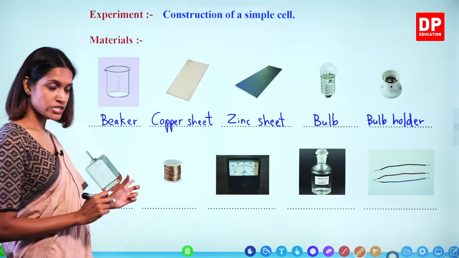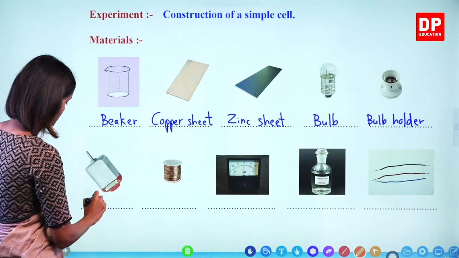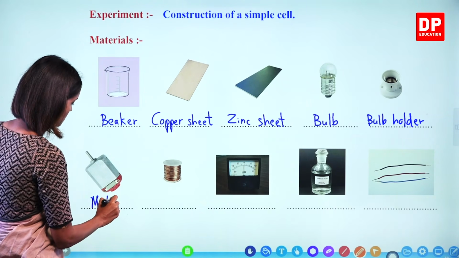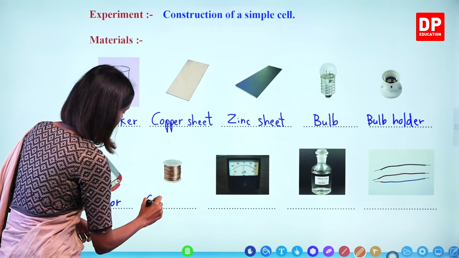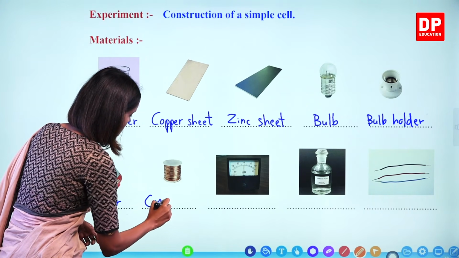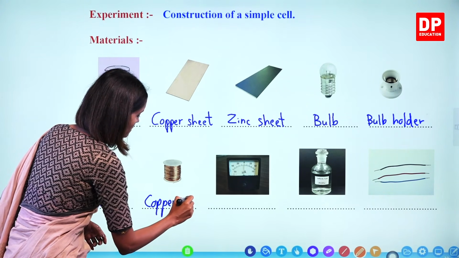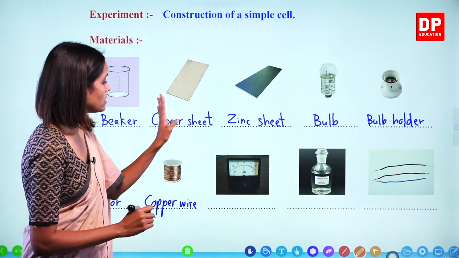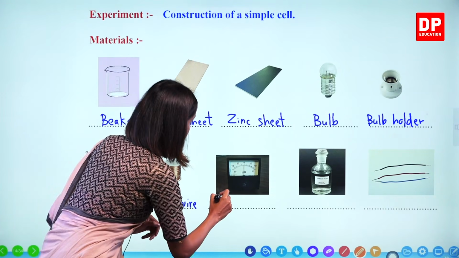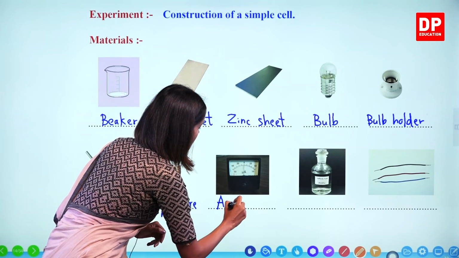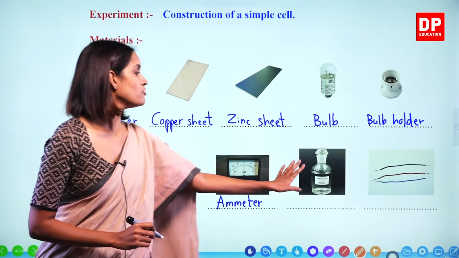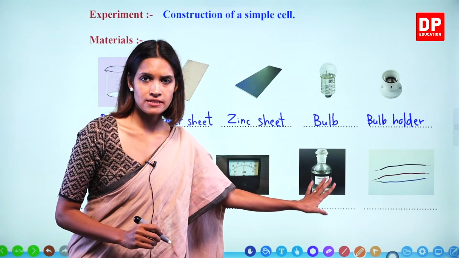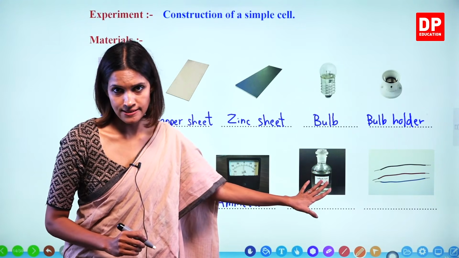And a small motor. And copper wire, and we need an ammeter here. Ammeter. Then we need sulfuric acid, dilute sulfuric acid.